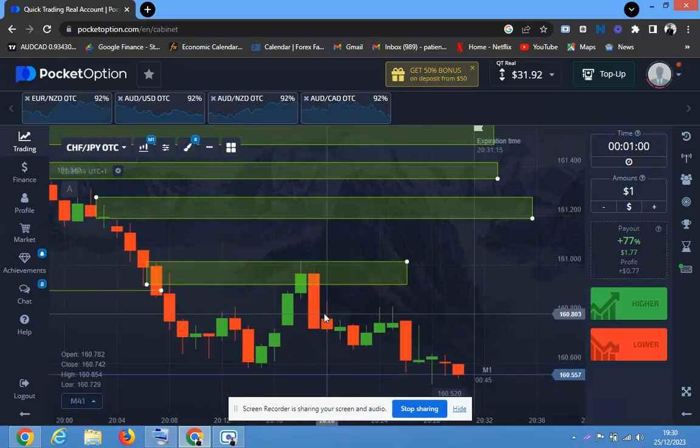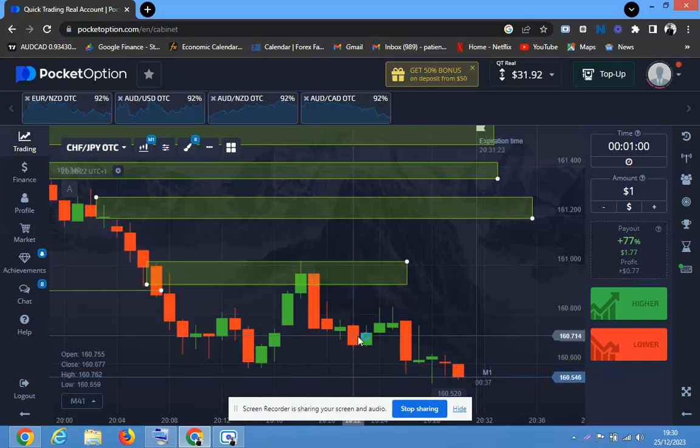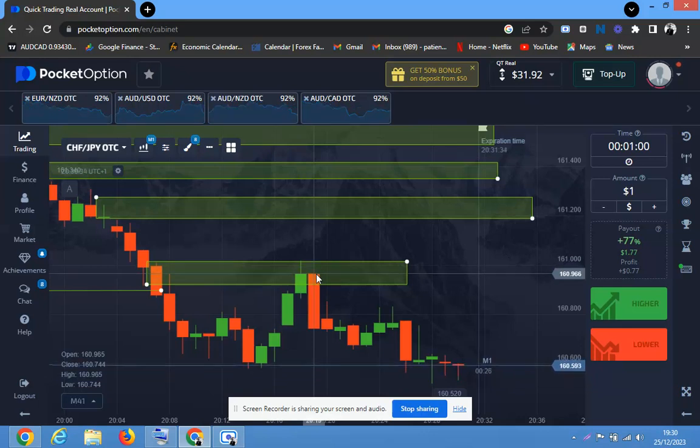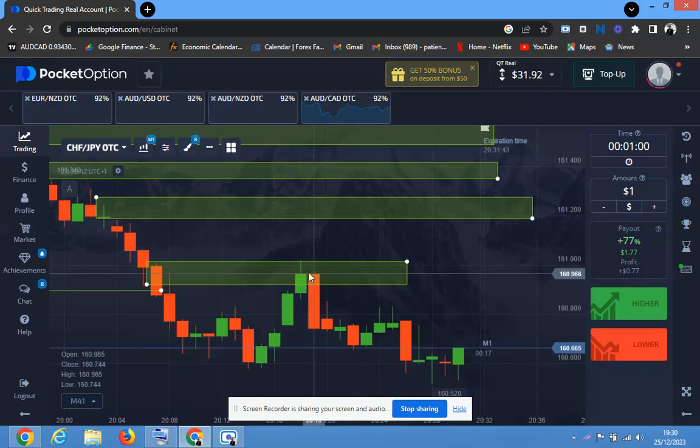You can also use this aspect to trade the 1 minute candle with a 5 minute, 10 minute or 15-minute expiry time, because it seems the price is still going down. Let's assume I'm using the 5 minute expiry time. Take a look at this level. Here we have this rejection, then sellers entered. Your entry is right here.